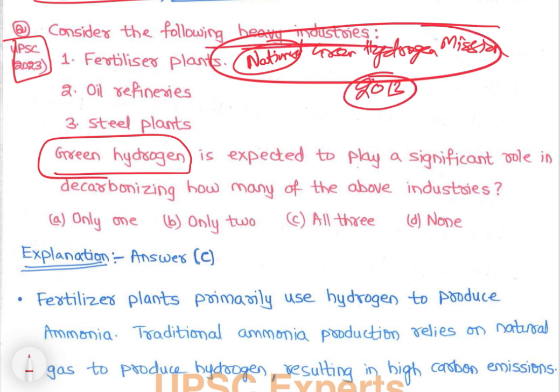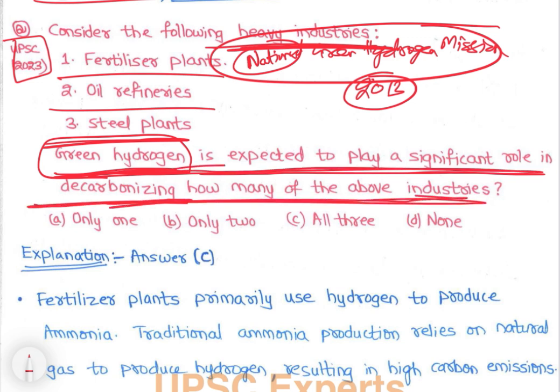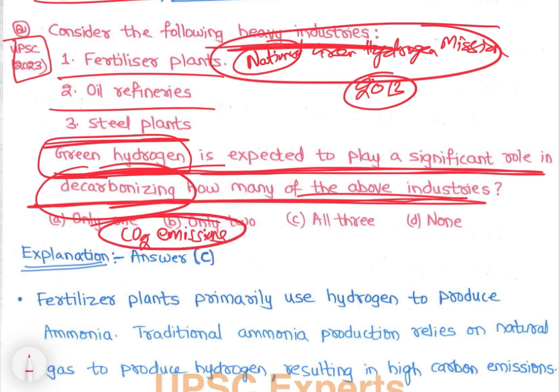So see, consider the following heavy industries: fertilizer industry, oil refinery, steel plant. Green hydrogen is expected to play a significant role in decarbonizing how many of the above industries? See, decarbonizing means reducing CO2 emissions, right? Green hydrogen can reduce CO2 emissions in how many of the above industries, right?